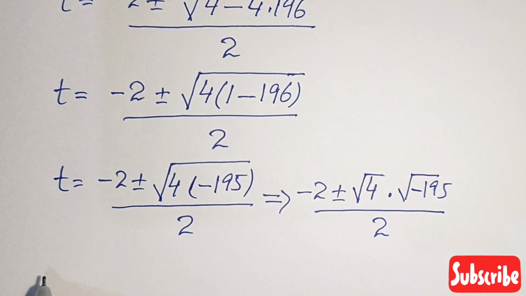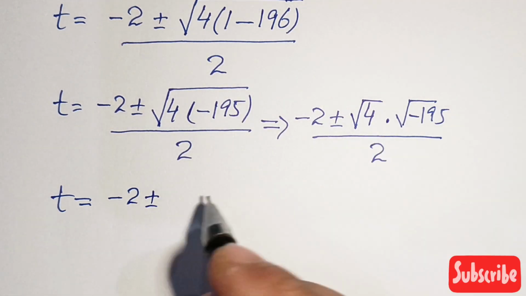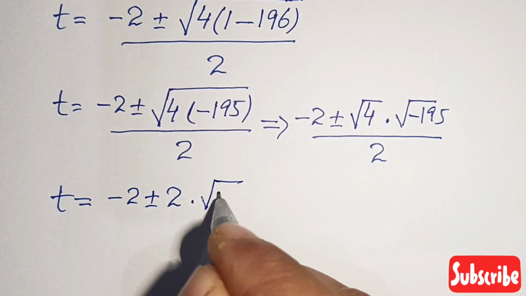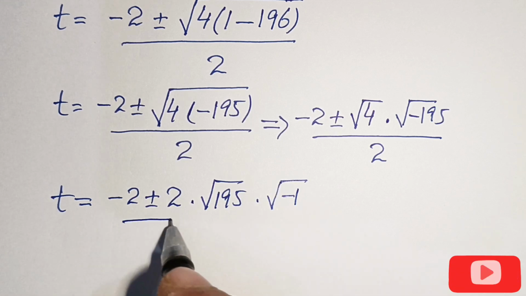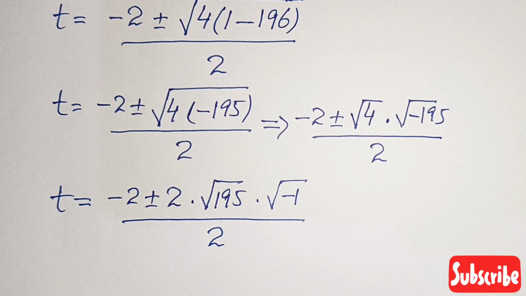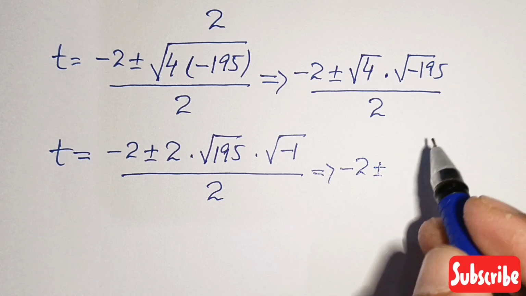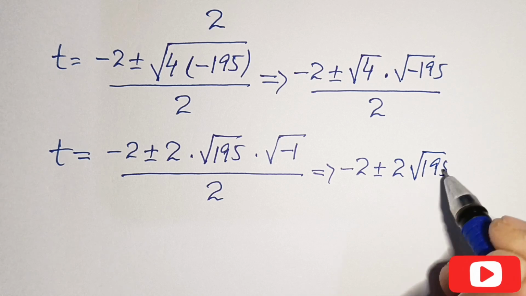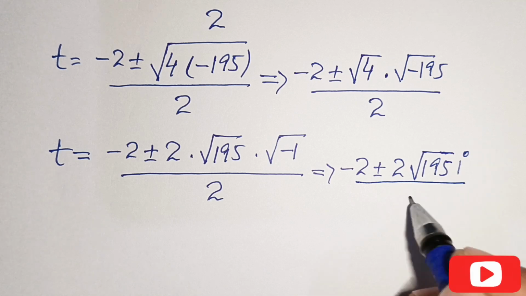Now t is equal to minus 2 plus minus square root of 4 is equal to 2, and it can also be written as square root of 195 times square root of minus 1 all over 2. So here we have minus 2 plus minus 2 times square root of 195 and square root of minus 1 is equal to i all over 2.